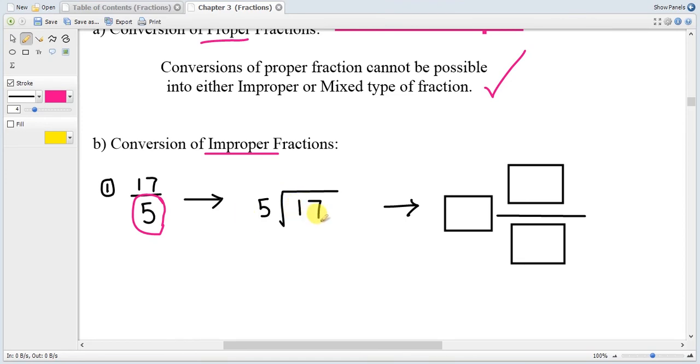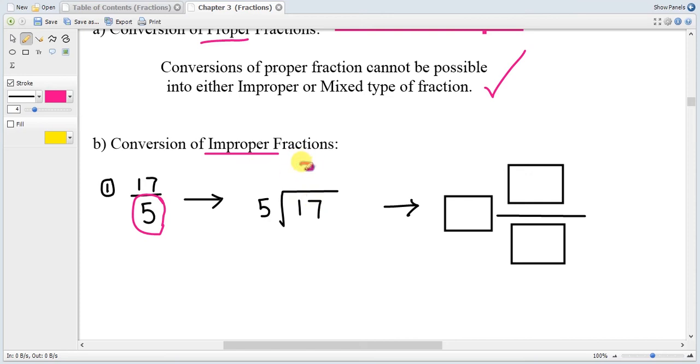Start counting the times table of 5 up to 17 or less than 17, whichever is closest. 1 times 5 is 5, 2 times 5 is 10, 3 times 5 is 15, and 4 times 5 is 20. 20 is bigger than 17, so we are not allowed to take 20.